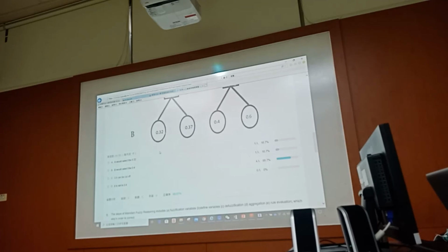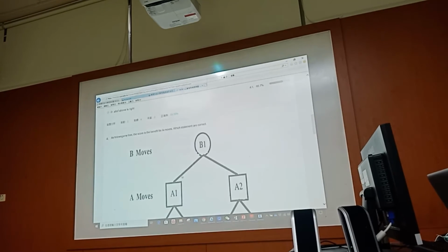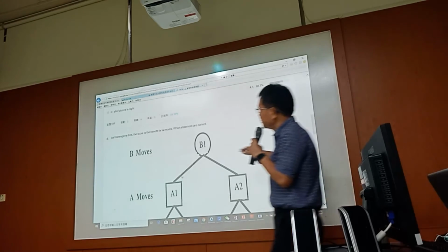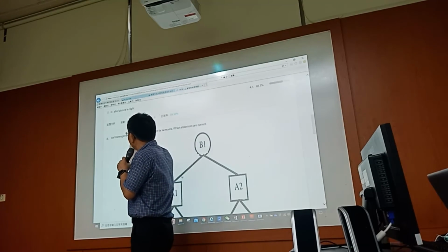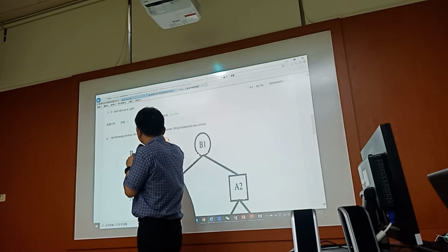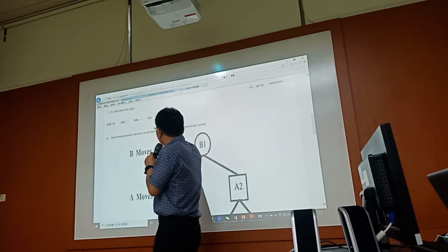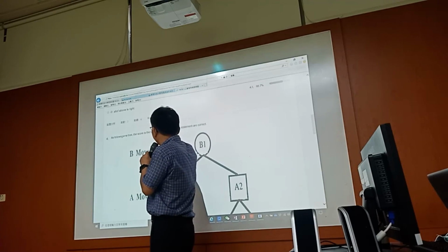And this one, 2 is wrong. In our video test, we also had a question about this. For this type of question, we need to understand from which view it is asked. It said, as in the following tree, the score is the benefit. The benefit is from A's move.